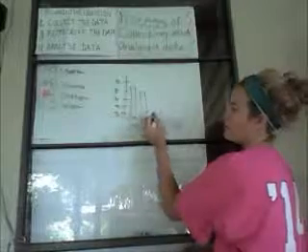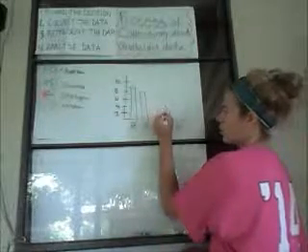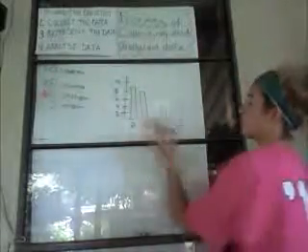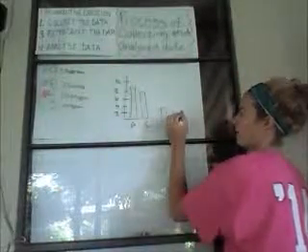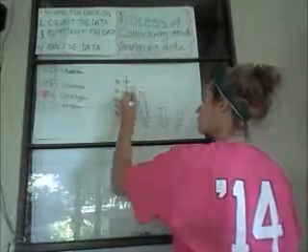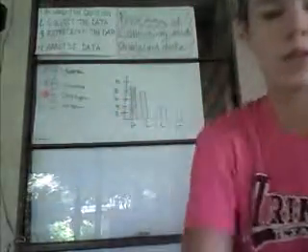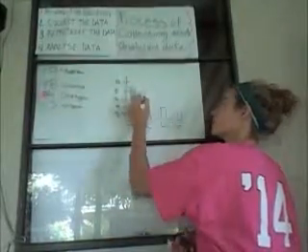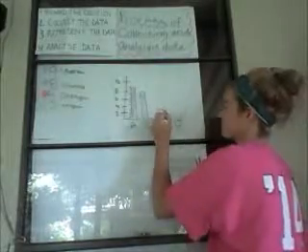We go to our 4. And grapes is 3, which is in between our 2 and our 4. So we'll draw a line. Okay, so we know apples is black. Cherries is blue. Oranges is red. Grapes is green.